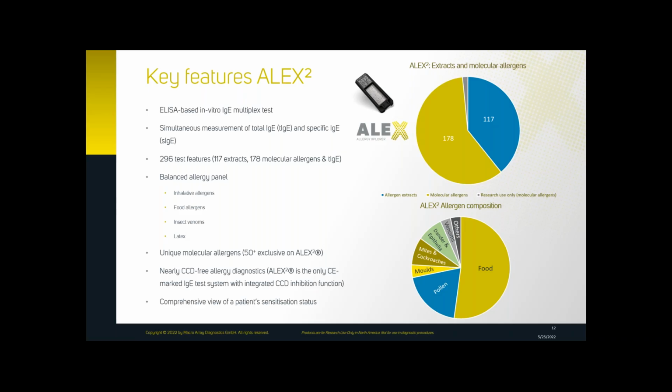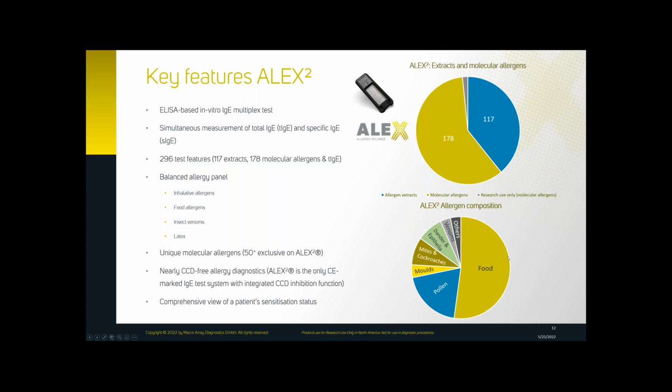The balanced allergy panel recognizes both the needs for inhalative allergens such as pollen, food allergens, but also special diagnostic needs like insect venoms or latex. Here you can see an overview of the different allergens, ranging from pollen, molds, mites, dander and epithelia, venoms, and plant-based and animal-derived food.